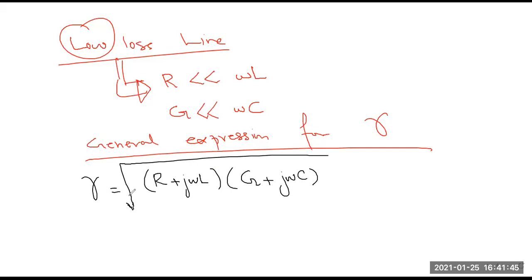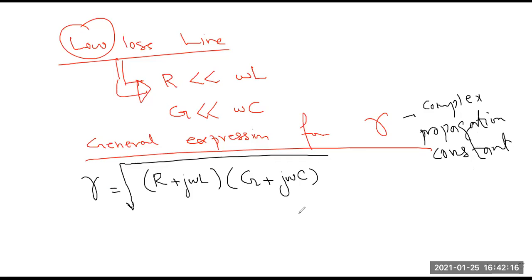When we were talking about transmission line theory, in which we represented the transmission line in terms of its lumped element model, we derived this expression for the propagation constant. This gamma is the complex propagation constant, and it depends on these two factors.